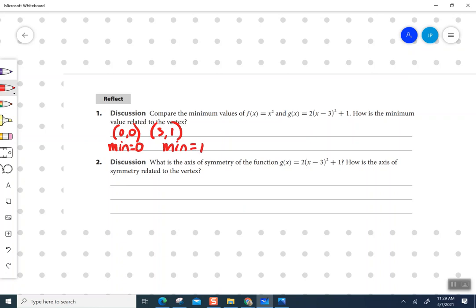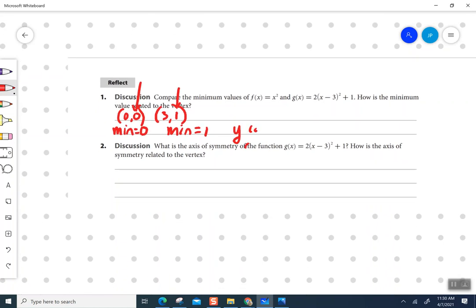Well, if you look really closely, the only one we're looking at is the y. So the only thing we're interested in is the y-coordinate of the vertex.